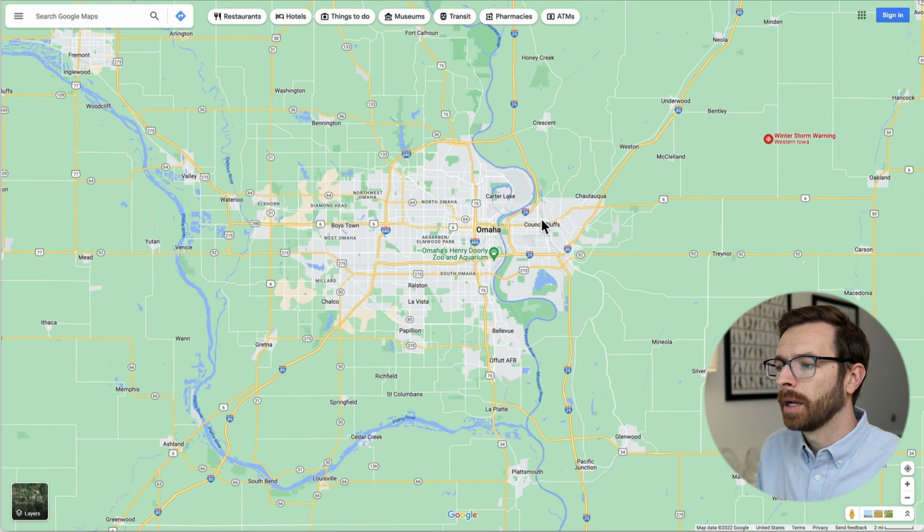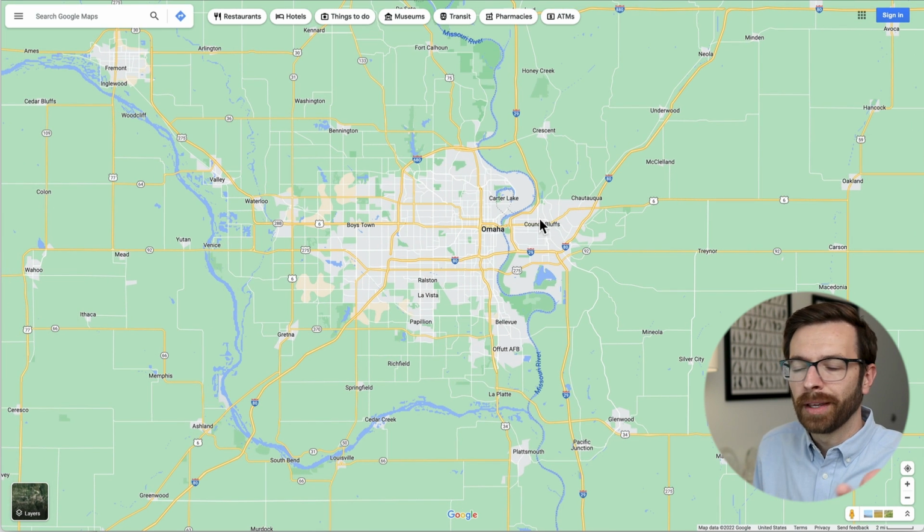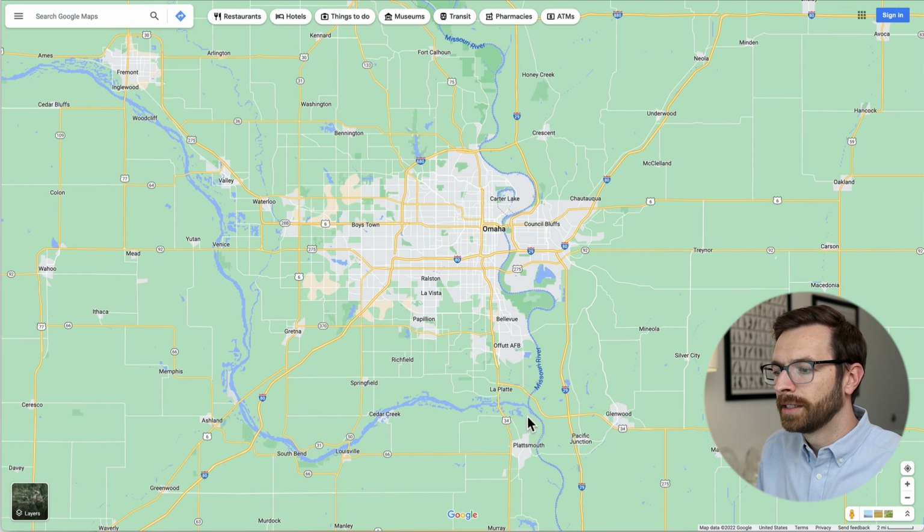And a couple other rivers that you may want to be aware of. Down here, you've got the Platte River. So the Platte River kind of snakes its way down to the south of Omaha. It's actually a boundary that separates Cass County and Sarpy County. We'll talk about counties in a little bit.